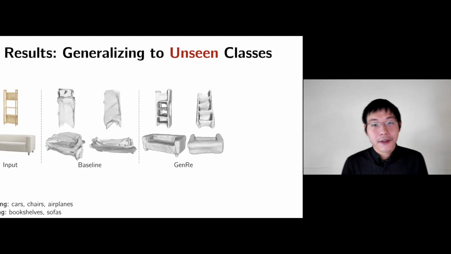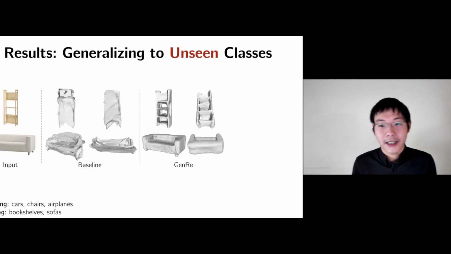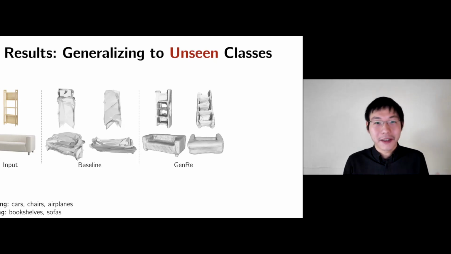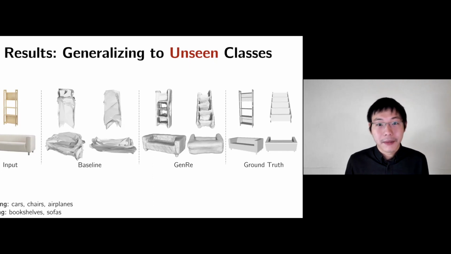If you compare with our GenRe reconstructions, there are still a lot of artifacts, but the model is trying pretty hard and gives you something quite reasonable. Before it was a table, but now it does look like a bookshelf and a sofa. Again, the model has never seen any of these. It has only seen chairs, planes, and cars. You can compare that with the ground truth, and there are still a lot of places we may improve, but it's getting the most important geometric structure of the object.